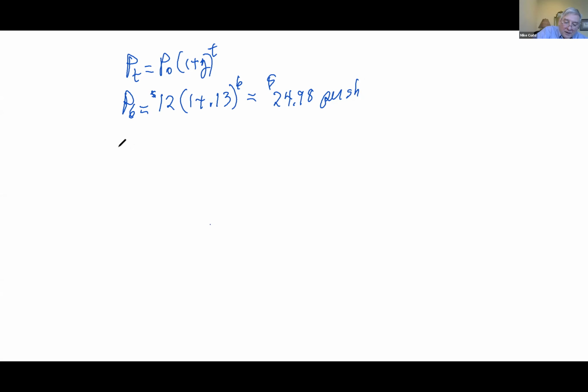Now, the exercise value per bond, if you had invested in these bonds, in each bond, you'd have 20 warrants.